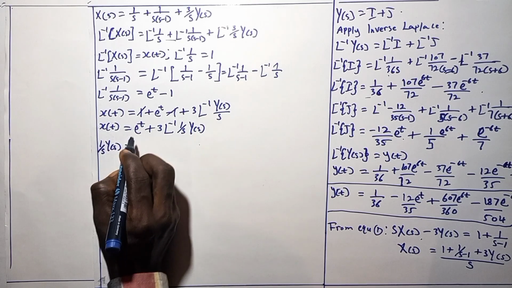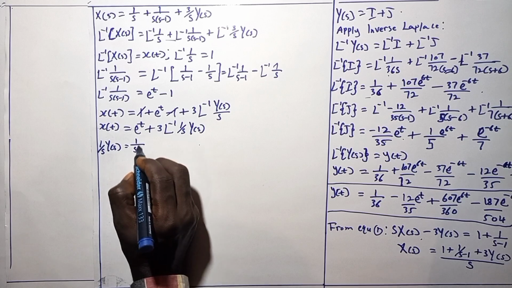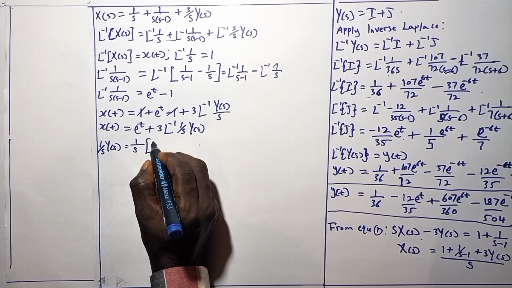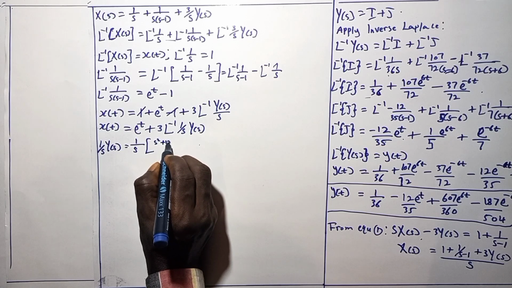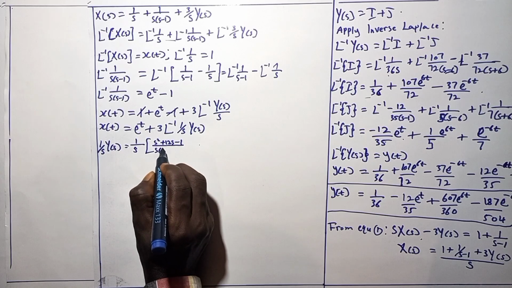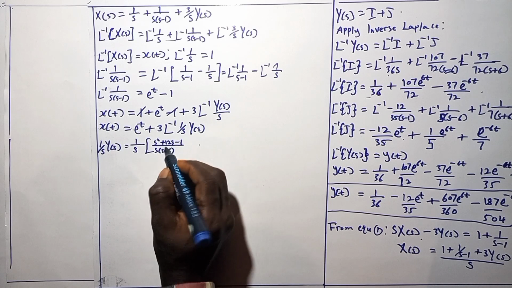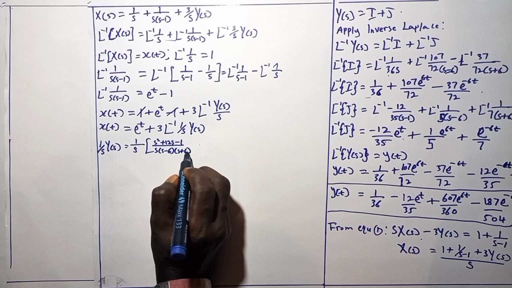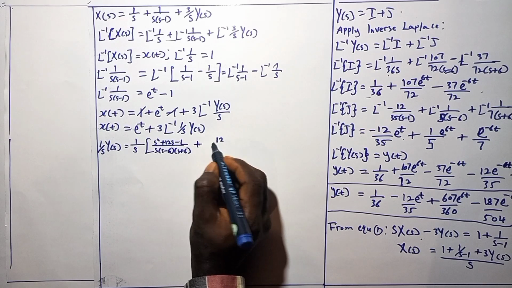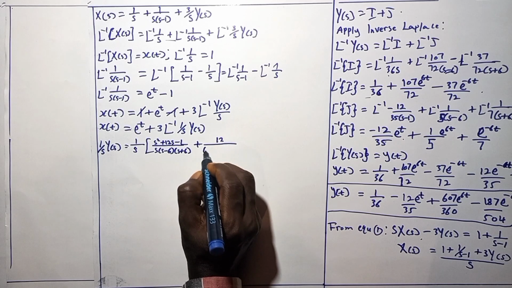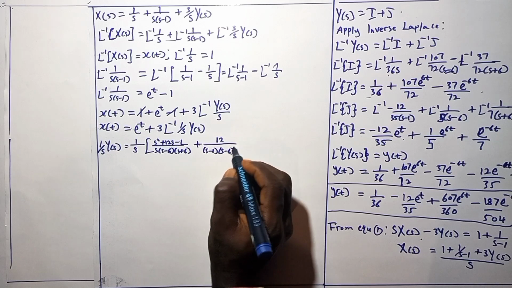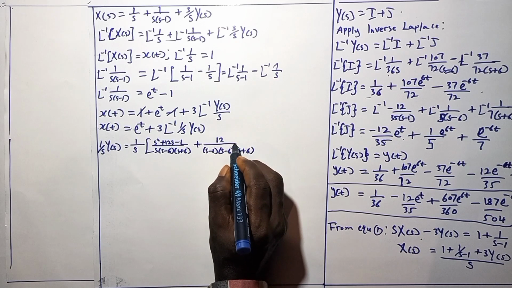So this will give us 1 over s times (s plus 12)(s minus 1) over (s minus 6)(s plus 6), plus our j now, 12 over (s minus 1)(s minus 6)(s plus 6).